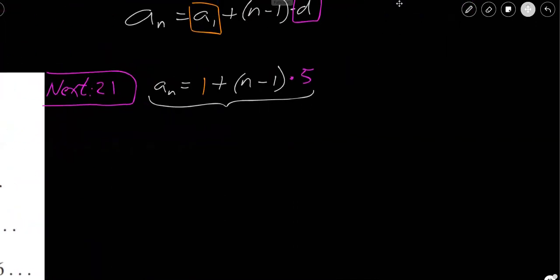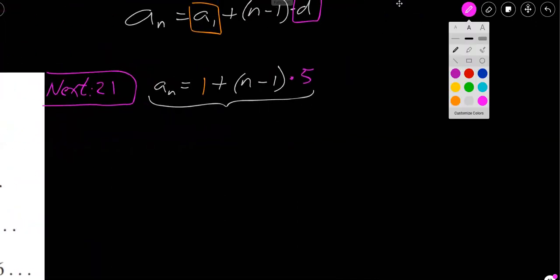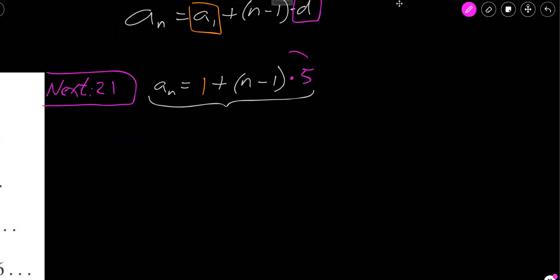It's kind of in its quote-unquote standard form. But what we can also do is simplify this a little bit by distributing that 5 into the parentheses. If we do that, I get 5n and -5 by multiplying it through. I still have this 1 that's hanging out here.